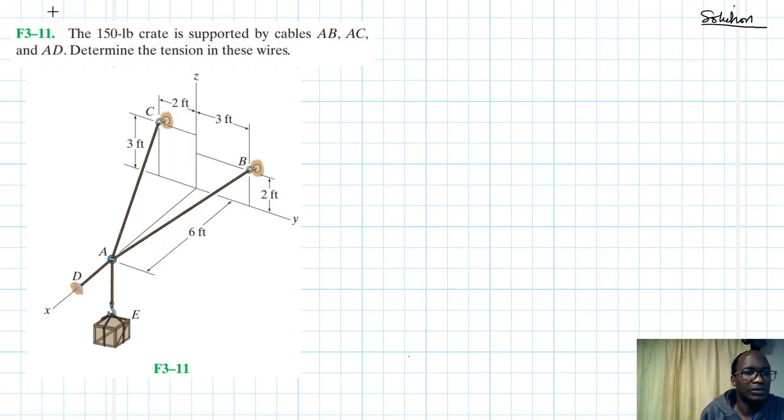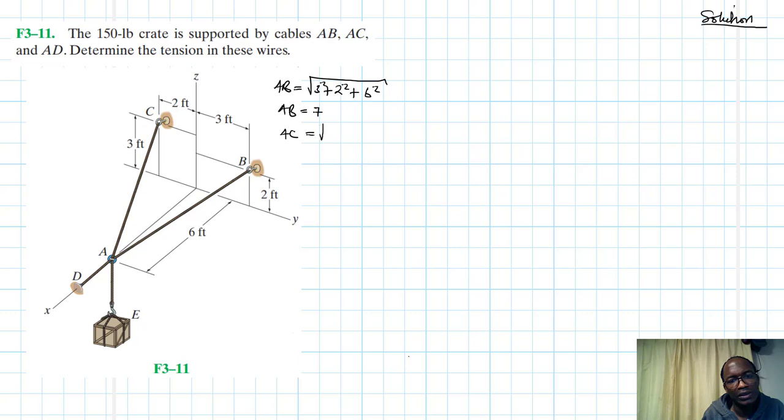Okay, so I think we're going to use this particular method, right? So let's find the length of AB. AB is just going to be equal to the square root of 3 squared plus 2 squared plus 6 squared, using Pythagoras, which is the square root of 49. Therefore this is 7.